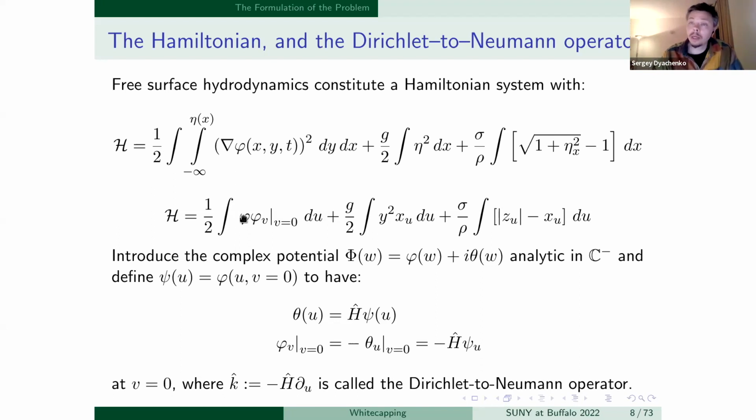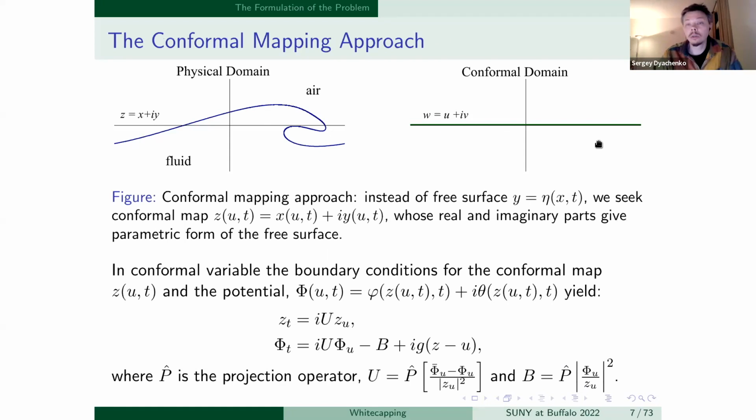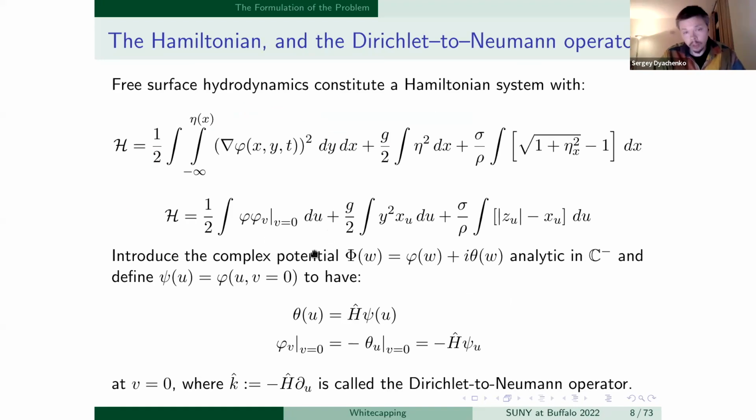And in the conformal domain, remember the surface shape is always flat, right? Because here we always, by definition, seek a conformal map that maps the lower complex plane into the fluid domain. So the shape of the surface in the conformal domain is guaranteed to be just the real line. And this really simplifies things in terms of the Dirichlet-Neumann operator. So this dphi by dv is essentially what is left of the Dirichlet-Neumann operator.